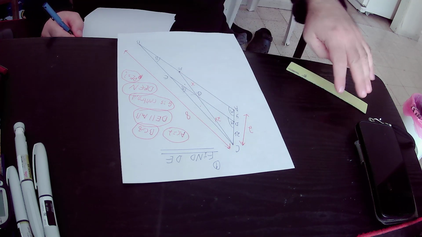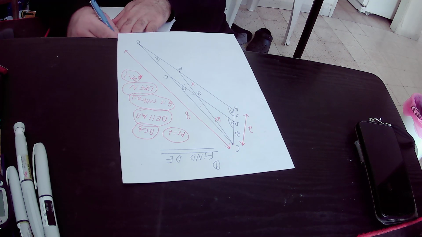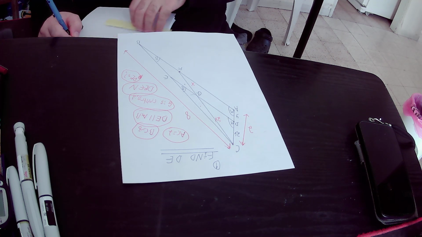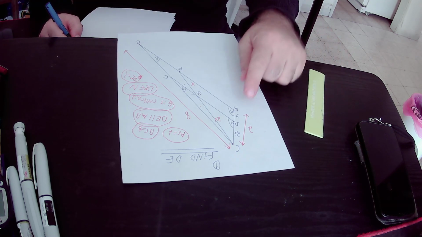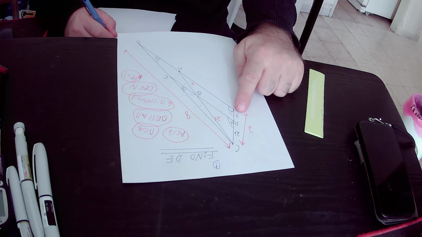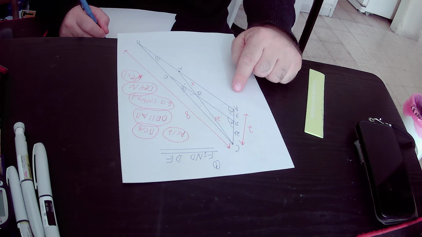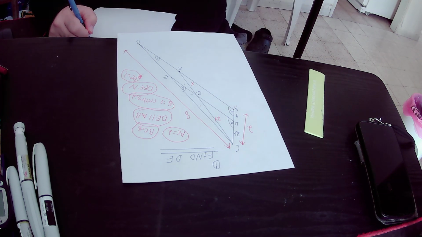On those two triangles, we know that angle CDE equals angle CAB, and both those two angles are equal to alpha.